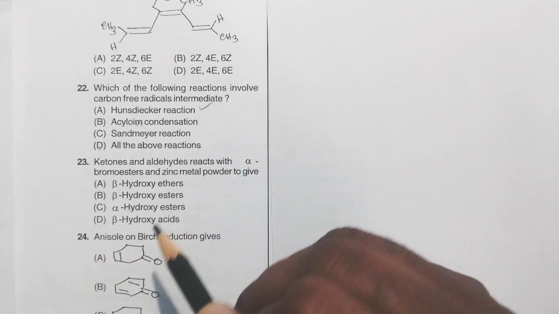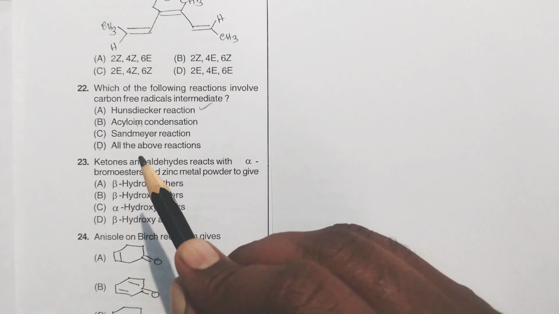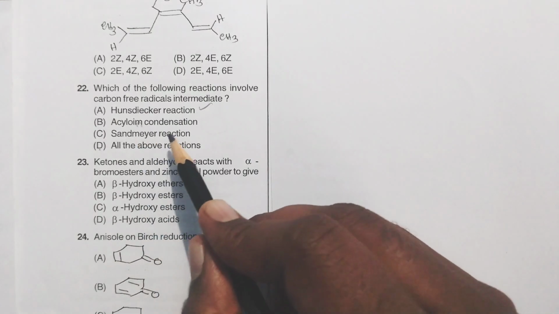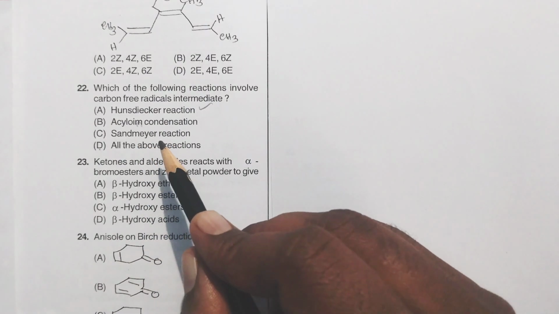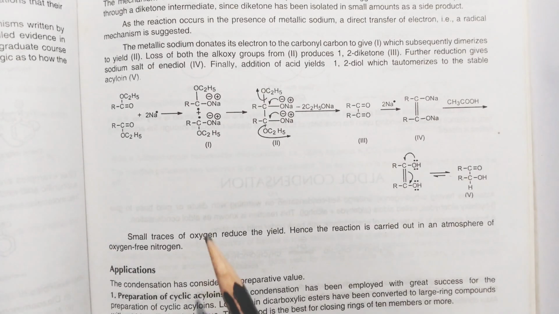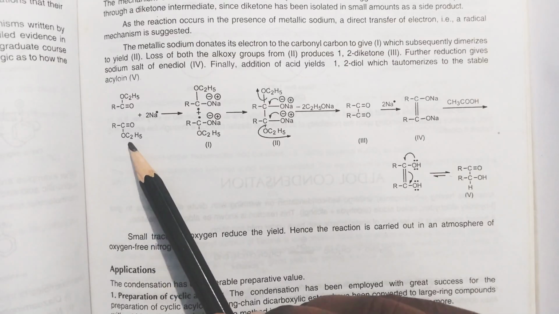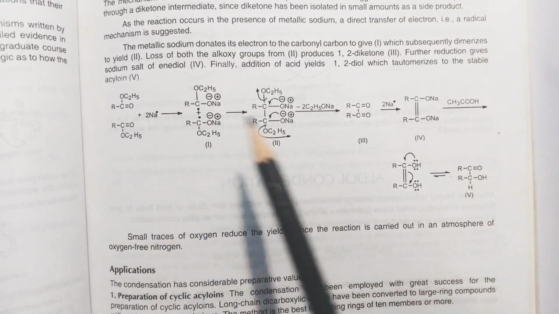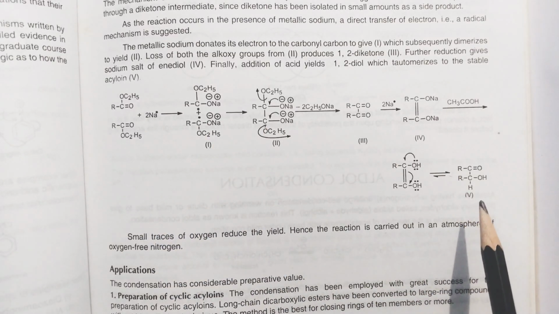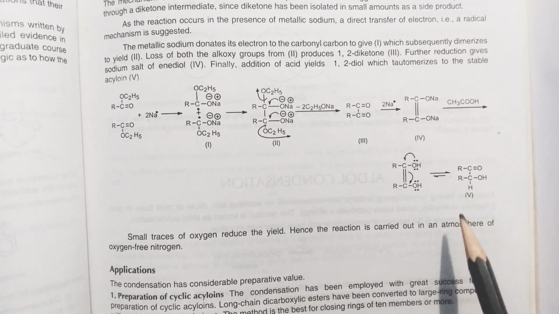So this Hunsdiecker reaction involves the formation of free radicals as the intermediate, and we have to check for acyloin condensation and Sandmeyer reaction. This is the acyloin condensation. Here the esters react with sodium and you are going to get alpha hydroxy ketones as the products.